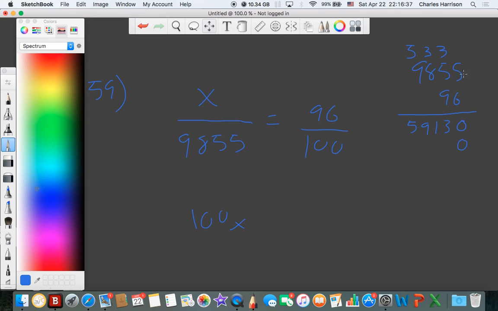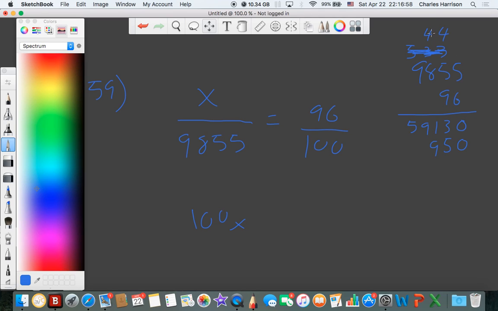Add a 0, this times this is 45. Carry the 4. This times this is 45 again, but now it's 49 because it's plus 4. So we put 9 there, and then we carry the 4 again. Let's double check.